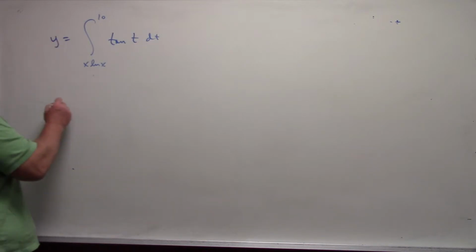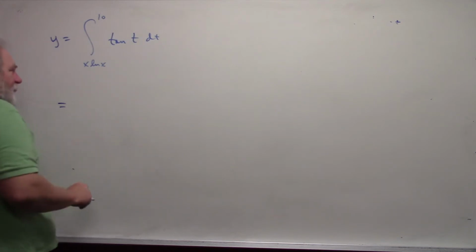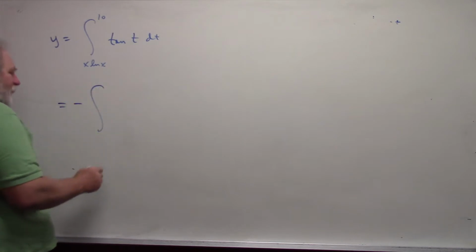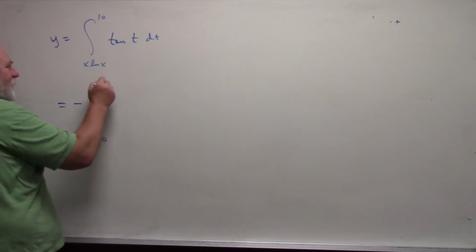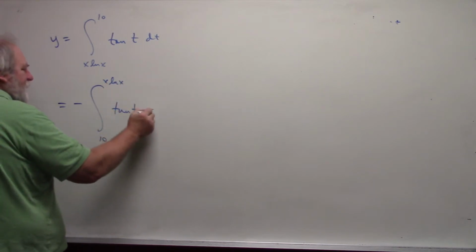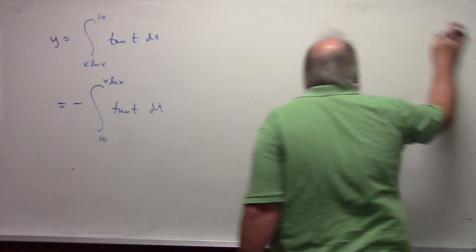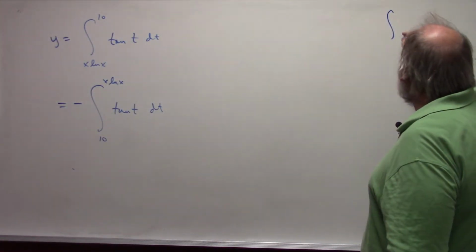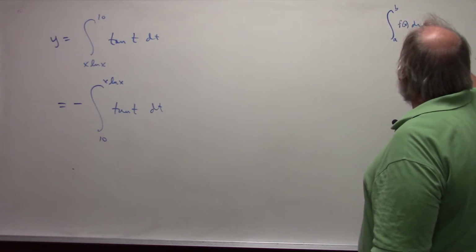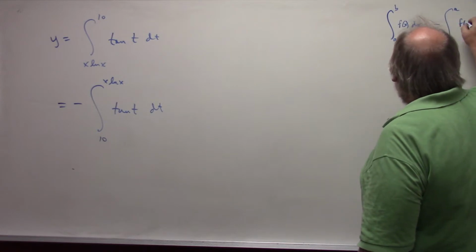So the first thing I'm going to do is reverse these, and there's a property of definite integrals that says this is equal to the negative of the integral from 10 to x ln of x of tangent of t dt. Basic property: the integral from a to b of f of x dx is equal to the negative of the integral from b to a of f of x dx.